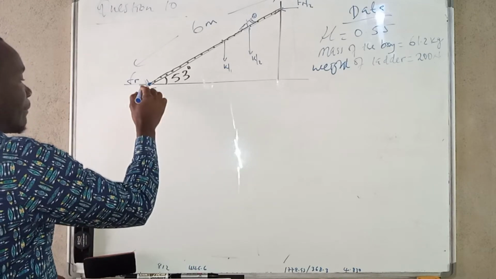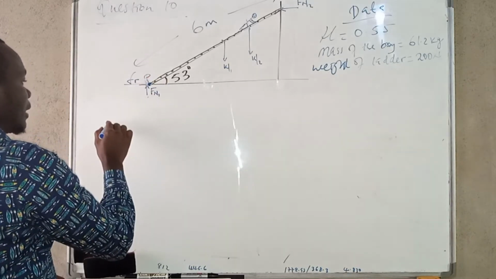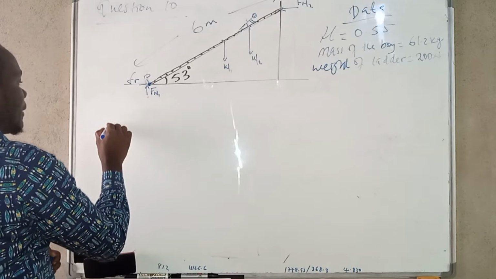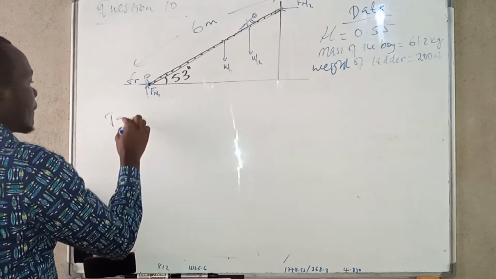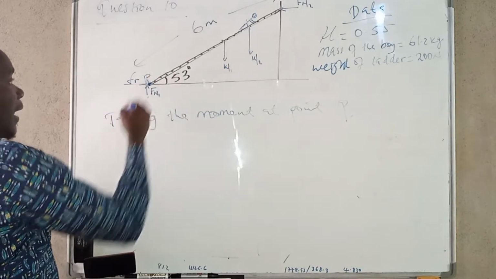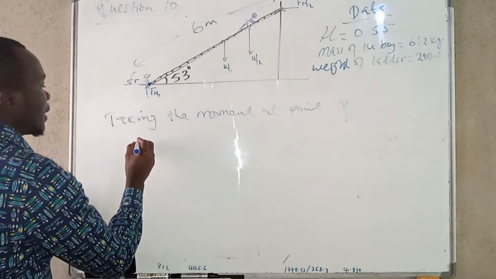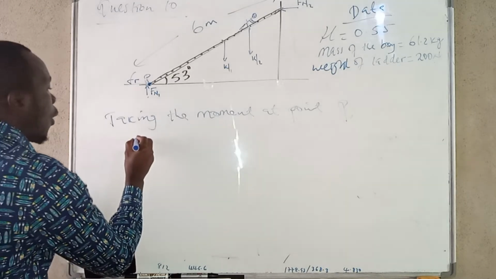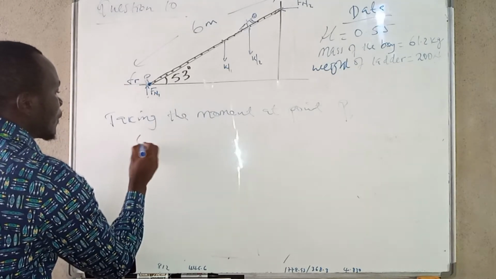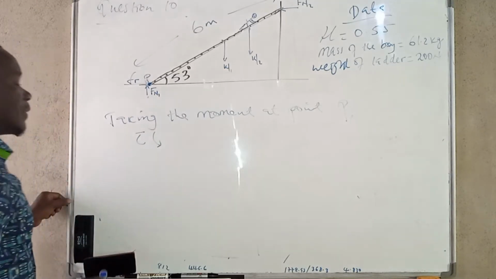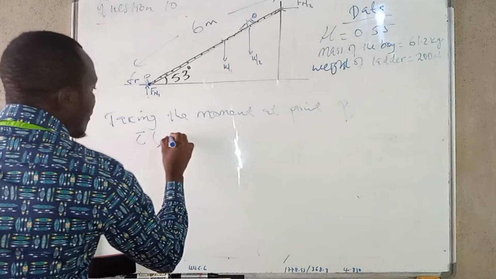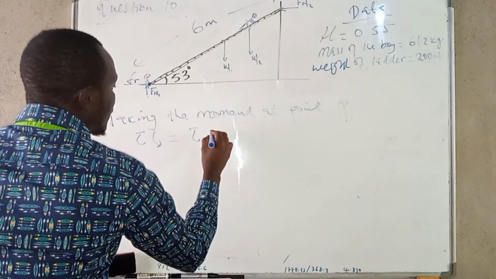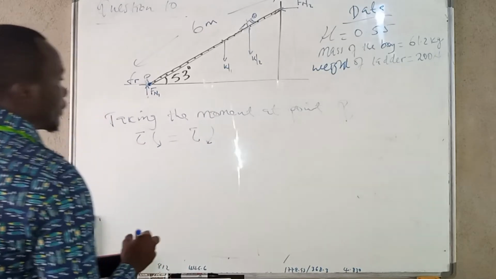So taking the moment at point, let's call it point P. We know that the summation of torque must be equal to 0, or the anti-clockwise torque must be equal to the clockwise torque.